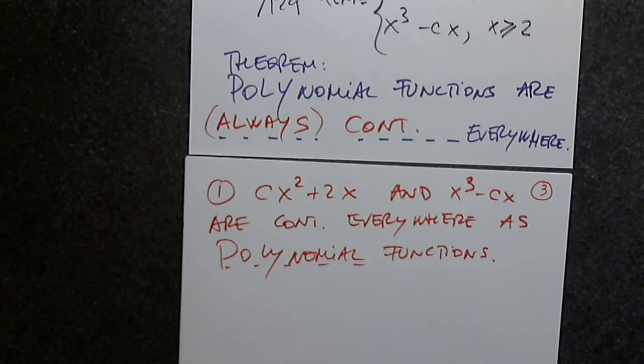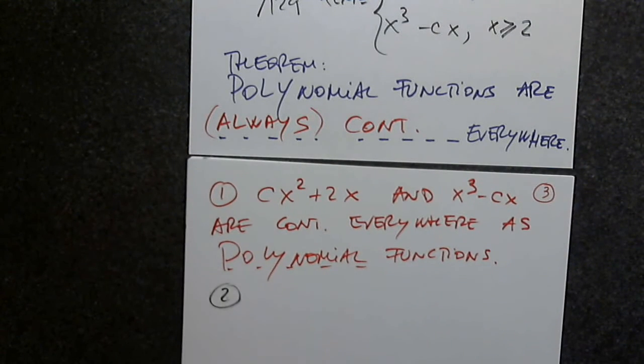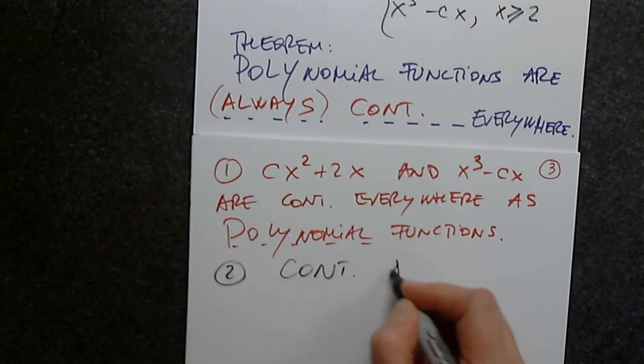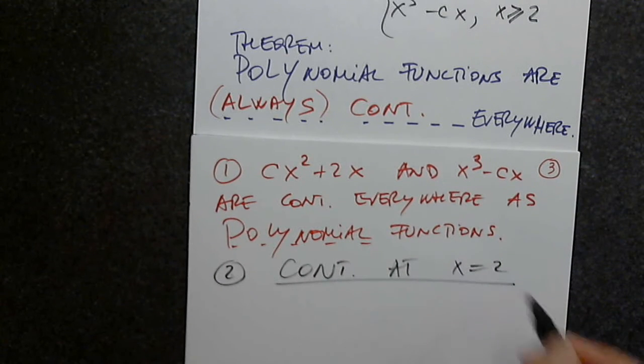But where could the problem arise? At 2. So we have to discuss continuity at x equals 2. What has to happen at 2 for the function to be continuous everywhere?